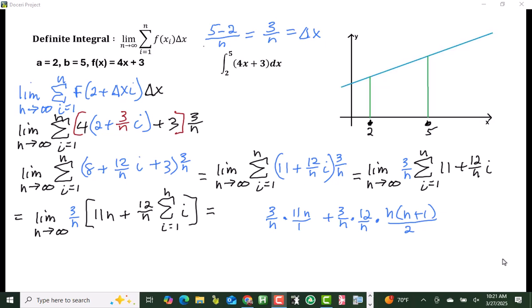So I'm getting this: the 3 over n times 11n for that constant. I'm now distributing the 3 over n, so it applies by the 11n and then by this thing. And the n times n plus 1 over 2, that's my shortcut for summing i from 1 to n.